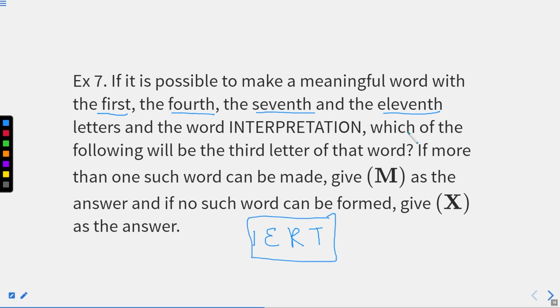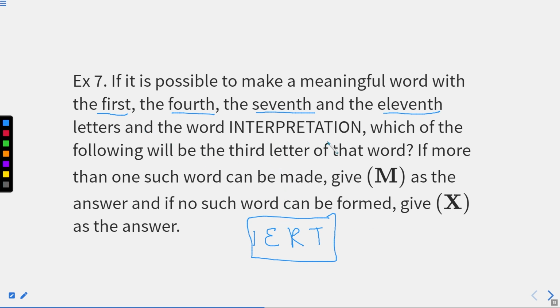Read the question ahead. Which of the following will be the 3rd letter of the word if more than one such word can be made? Give M as the answer, and if no such word can be formed, then give X as the answer. I hope you understand.